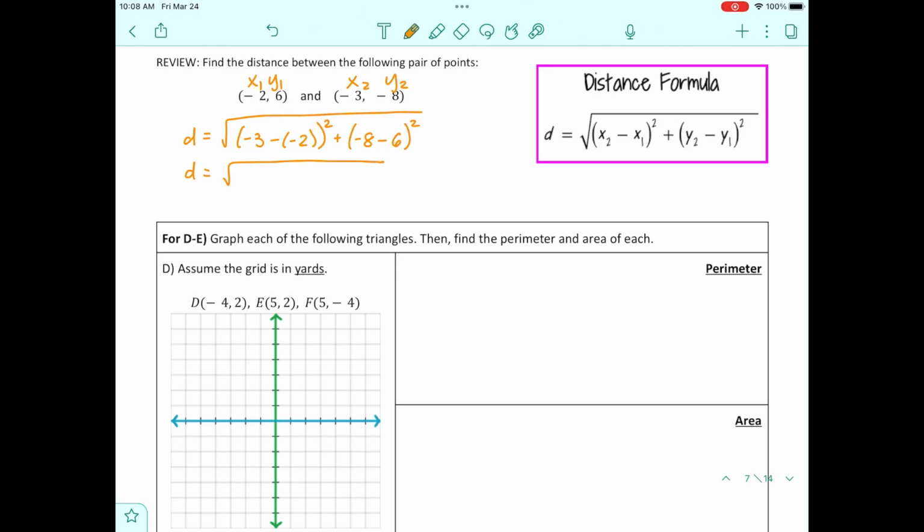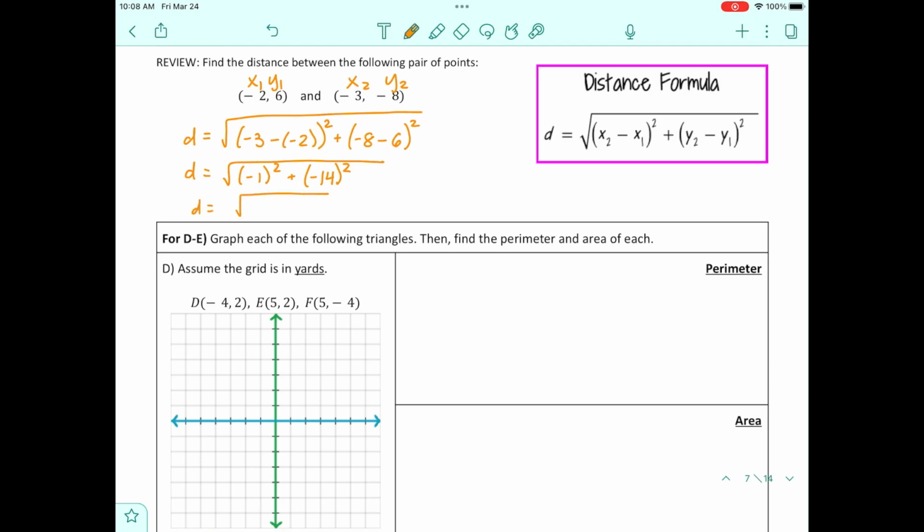So the distance is equal to the square root of. Then I want to simplify the inside of those parentheses. So I have -3 minus -2. That is equivalent to -3 plus 2, or -1 quantity squared, plus parentheses -8 minus 6 would be -14 quantity squared. Now, if you want to use your calculator and parentheses, I think fewer mistakes would be made because, again, these are the values that I usually see errors on.